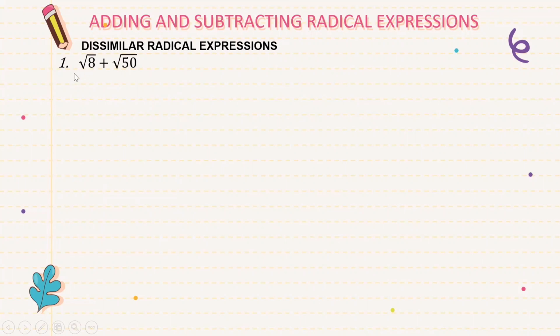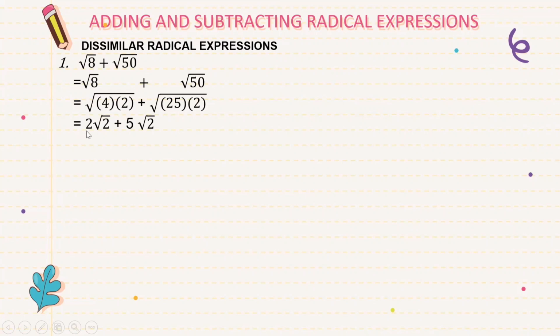First, kunin muna natin yung factors of 8 para ma-simplify natin siya. So, we will have 4 and 2. Next, kunin din naman natin yung factors of 50, which is 25 and 2. So, if we simplify this expression, magiging yan siyang 2 square root of 2 because the square root of 4 is 2, kaya ilalabas natin siya, and the 2 will remain inside the radical sign, kaya magiging yan siyang 2 square root of 2 plus 5 square root of 2 because the square root of 25 is 5.